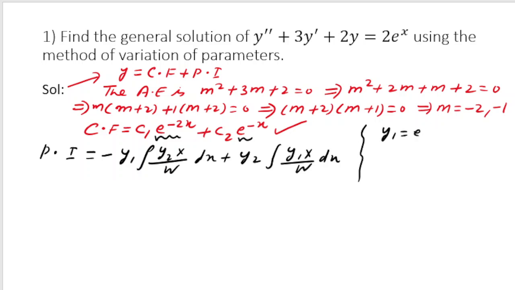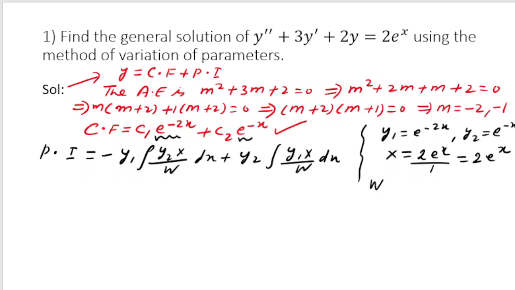So y1 is equal to e to the power minus 2x, and y2 is equal to e to the power minus x. And what is the capital X here? The capital X here is the right hand side, that is 2 e to the power x, divided by the coefficient of the second order term. Here y double dash is coming, but there is no coefficient, so I can consider it 1 and just write 2 e to the power x.